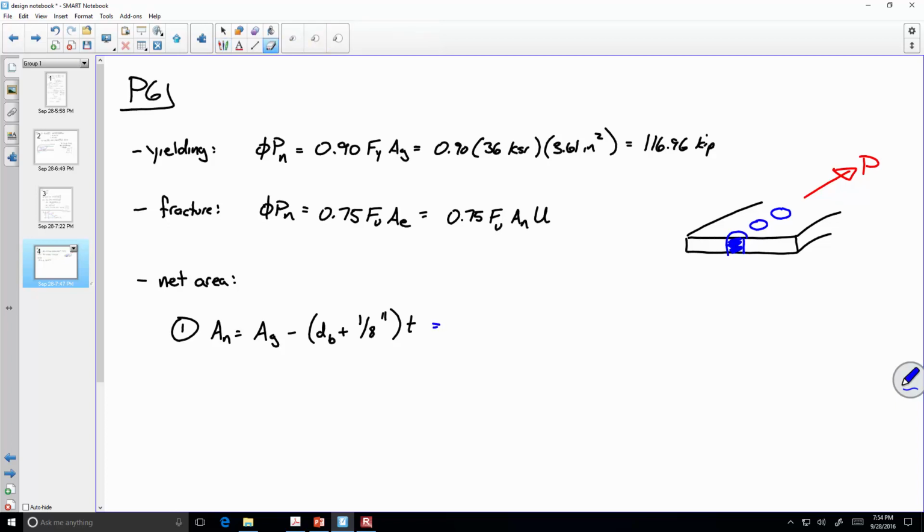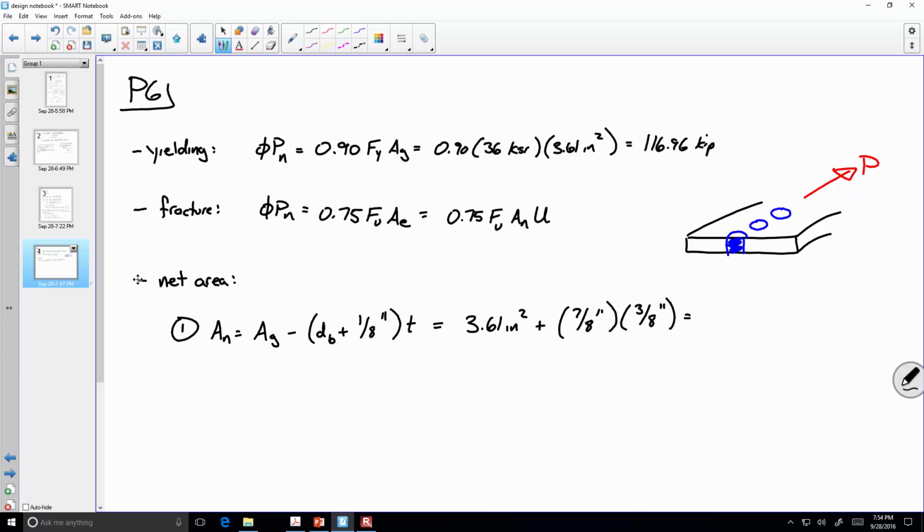So this is going to be 3.61 square inches plus, we have what, 3/4 inch diameter bolts? So 3/4 plus an 1/8, that's 7/8 of an inch times the thickness, and the thickness is what? What's the thickness of that angle? 6 by 4 by 3/8.